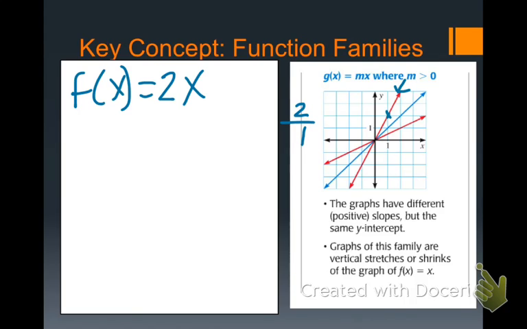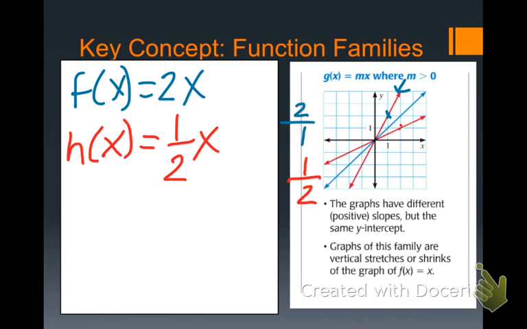So this one's going through the point (2, 1) right there. So again, count to find your slope. It has a rise of positive 1 and a run of positive 2, so 1 over 2. Then maybe we call it h of x equals 1/2 x.